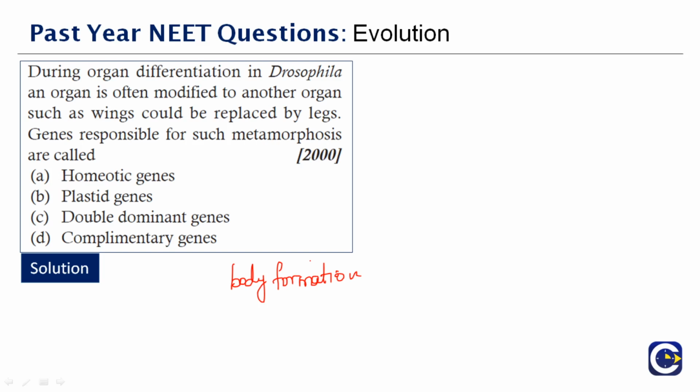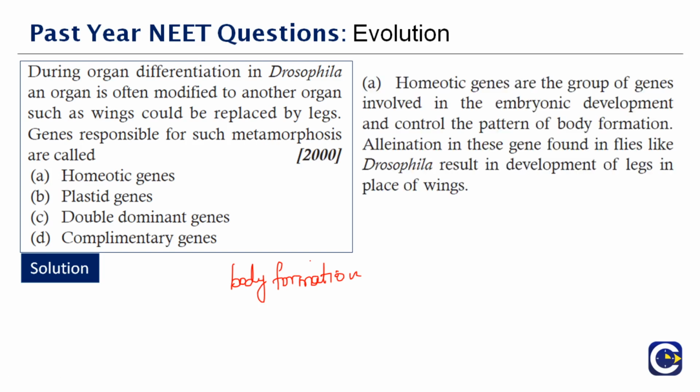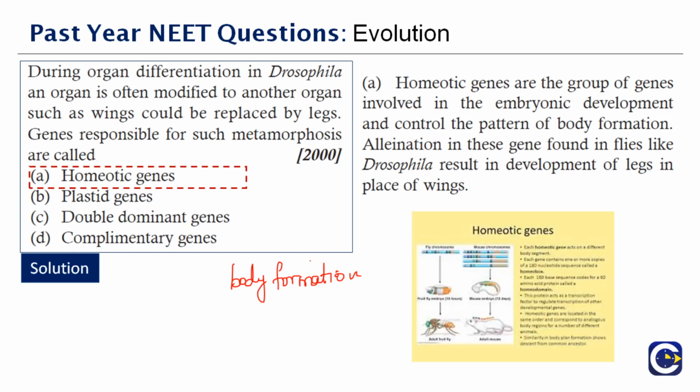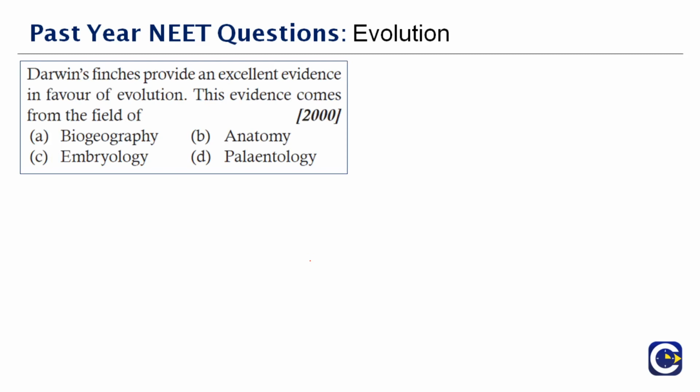So the gene responsible for such metamorphosis is called the homeotic gene, which is option A. So mutations in these genes found in flies like Drosophila result in the development of legs in the place of wings. Therefore, the right answer is option A. Next question here. So you have a picture which shows homeotic genes, where you have the Drosophila leg developing in flies in the place of wings.